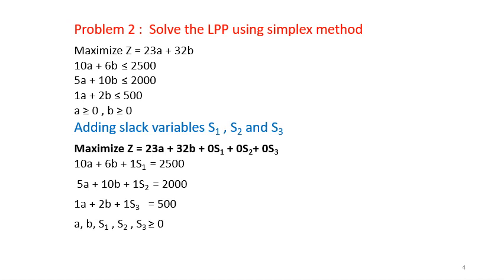These slack variables will be 3 in number here because there are 3 constraints. So we add S1, S2 and S3 to the objective function, and we get the objective function as maximization Z is equal to 23A plus 32B plus 0S1 plus 0S2 plus 0S3.